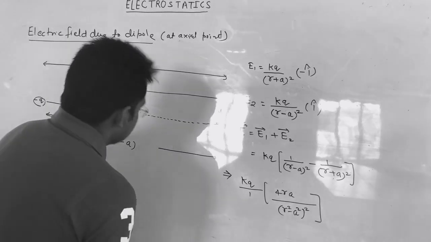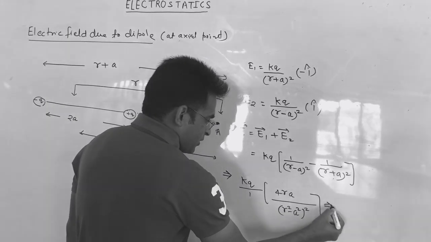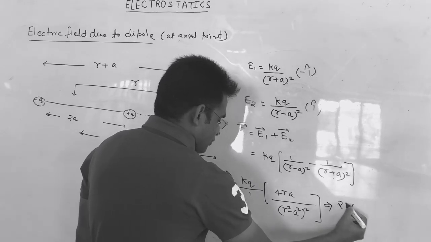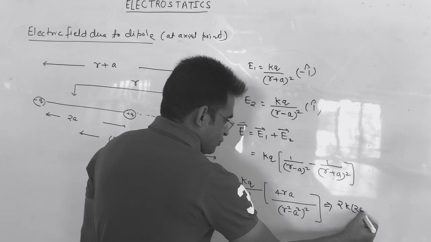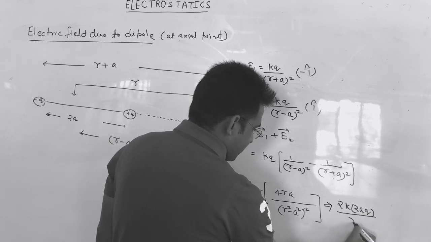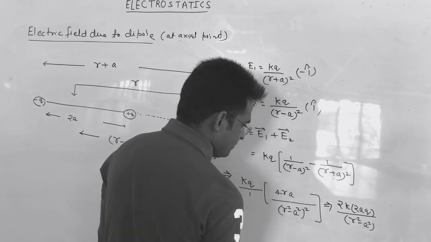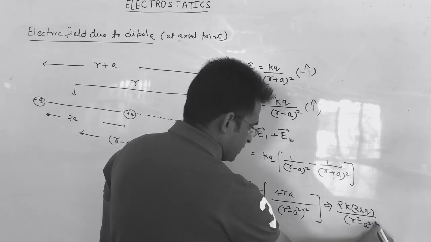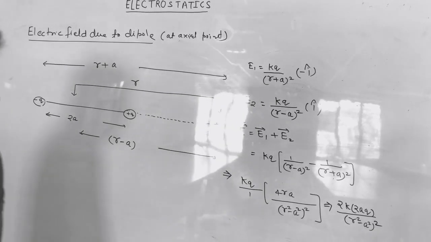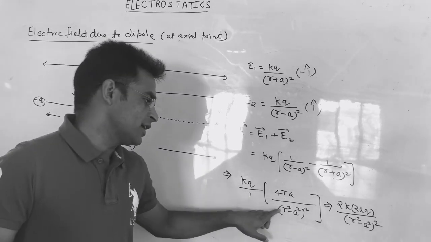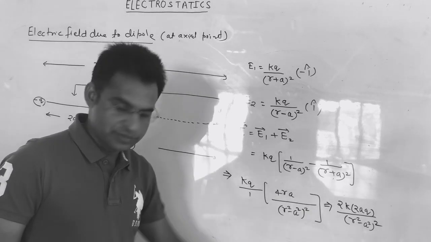So after this, we'll get 2K into 2AQ divided by R square minus A square, whole square, with 4RA in the numerator.